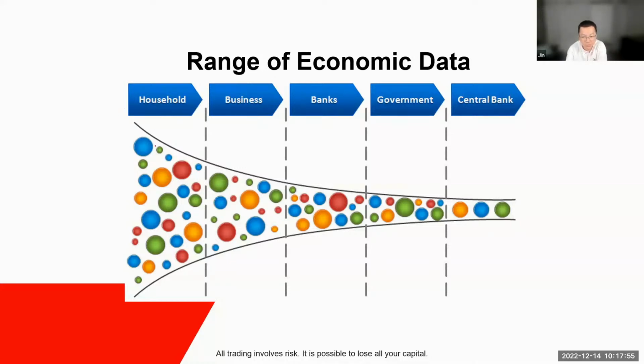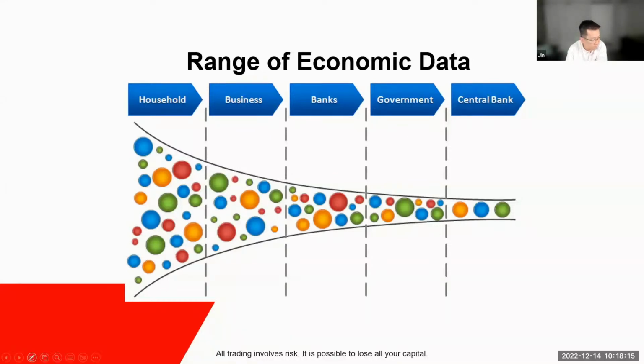Business would be the PMI numbers, purchasing managers index numbers. And then banks will be the expectations of banks, how they expect prices or interest rates to be moving, the overall economic performance of the country. The government will be the GDP.